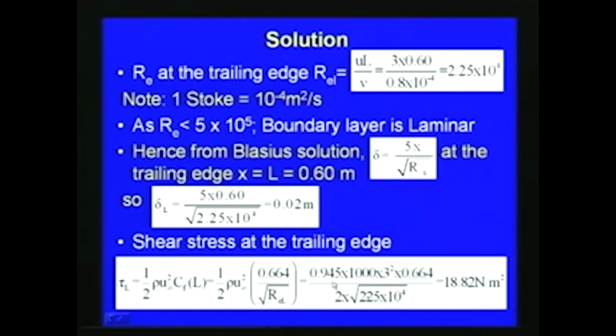So, this is equal to 0.945 into 1000 into free stream velocity 3 square into 0.664 divided by 2 into square root of 2.25 into 10 to the power 4. So, this will give the shear stress at the trailing edge as 18.82 Newton per meter square.